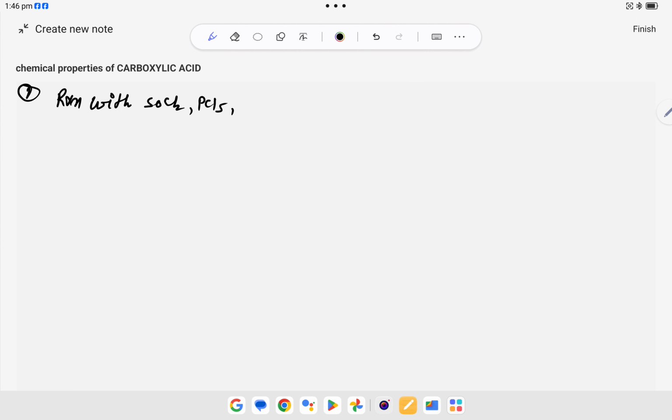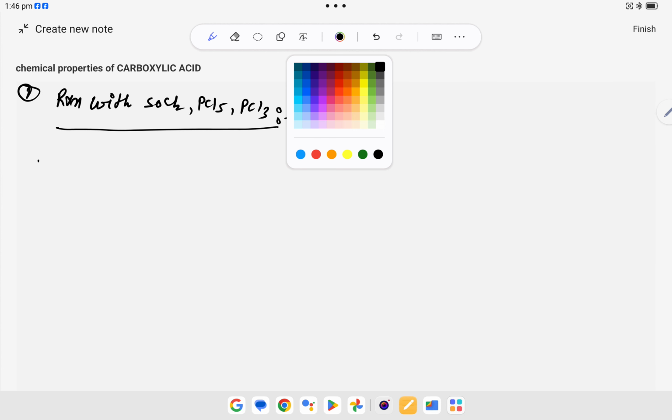So check the reaction. In all these three cases, the product will be the same. What I am saying is, in all these three cases, the product will be the same. The byproduct changes. So one by one, check it.